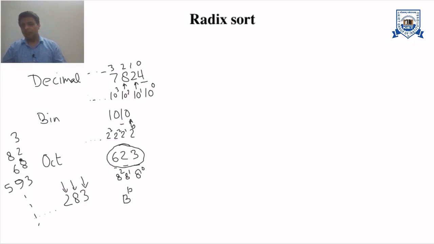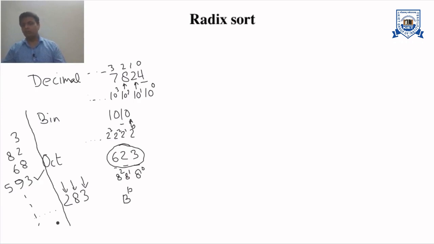First of all, we have to make all these numbers have the maximum number of digits. What that means is, in all these numbers the maximum value is 593, and this number has 3 digits.